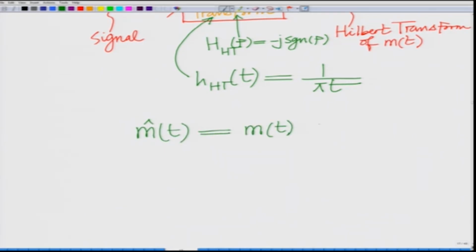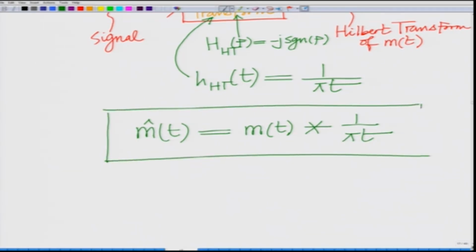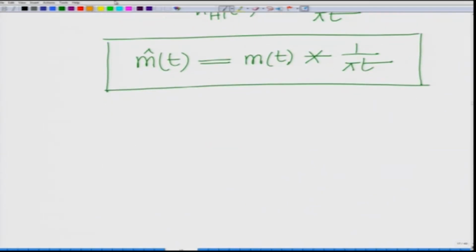Remember, when you pass an input signal through an LTI system, the signal gets convolved with the impulse response. So, m of t convolved with 1 by pi t.